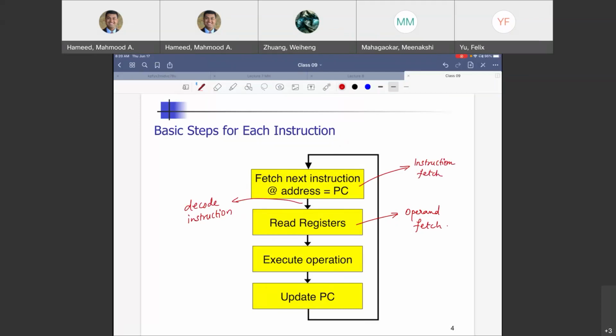We are talking about the data path right now. Then we read in registers, which is your operand fetch. Then this is your execute. And then this is your housekeeping: PC equals PC plus 4 for us. Those are your 5 steps. We are not including the decode instruction right now. That is for each instruction. So this keeps repeating these basic steps again and again.